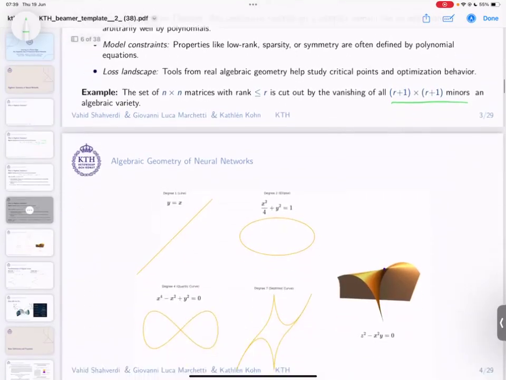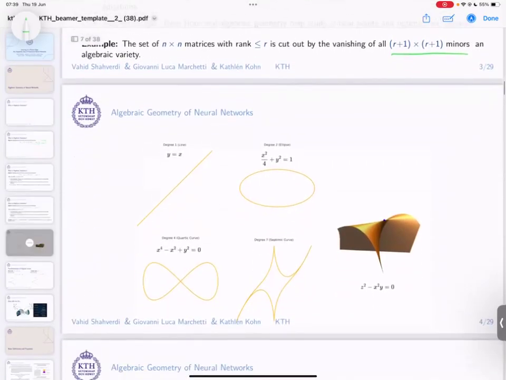Now let's move on to more interesting examples. We are limited to one or two dimensions. I cannot show higher dimensions, of course, but I will try to tell you some of the features that are important in our setting. The first example is a line. It's again an algebraic variety.